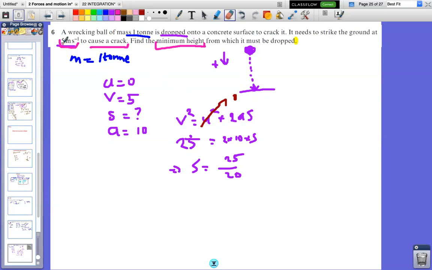If it is dropped with a higher velocity than this, it will also cause a crack, right? So this is the minimum velocity with which it needs to hit the floor to cause the crack. That's why it asks for minimum height here. But if the height is greater, it will fall with a higher velocity and will also cause a crack.